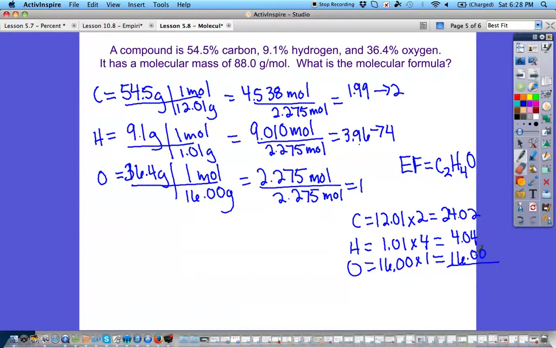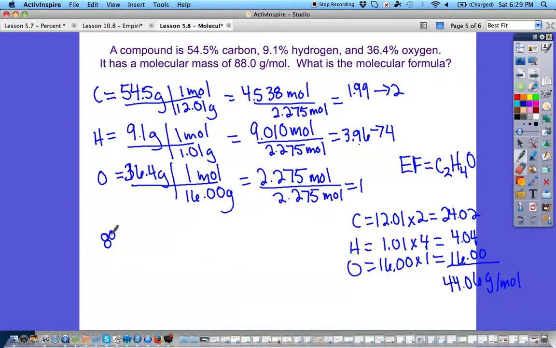Add those together, and I got an empirical formula molar mass of 44.06 grams per mole.